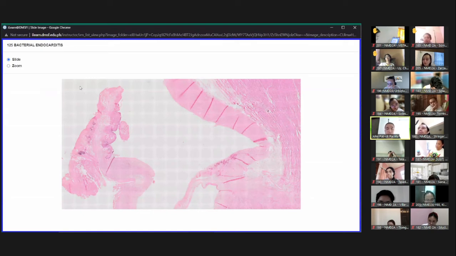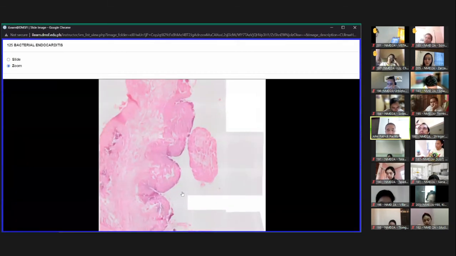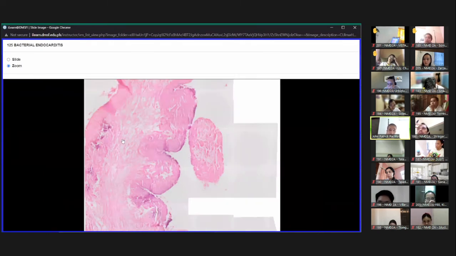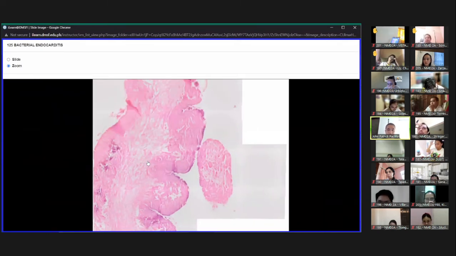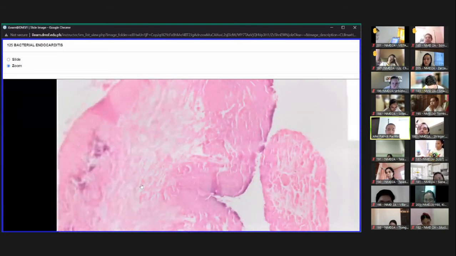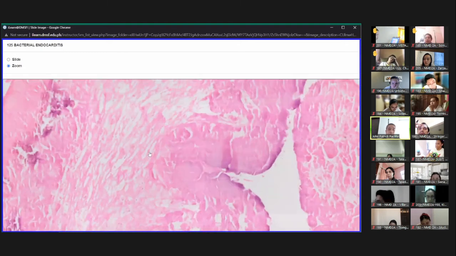Diba? Bacterial endocarditis can be associated with Staphylococcus aureus or Streptococcus, or it can be associated with less virulent organisms.